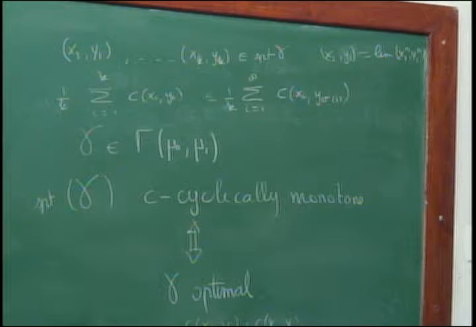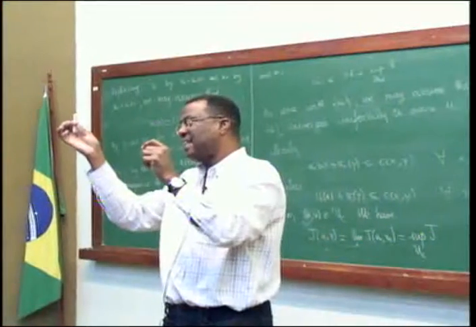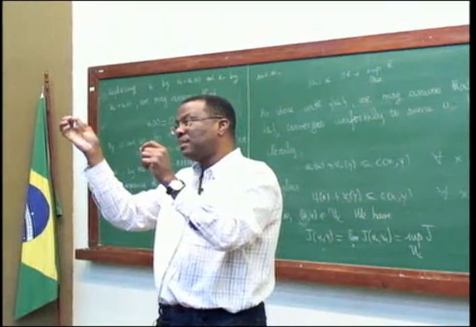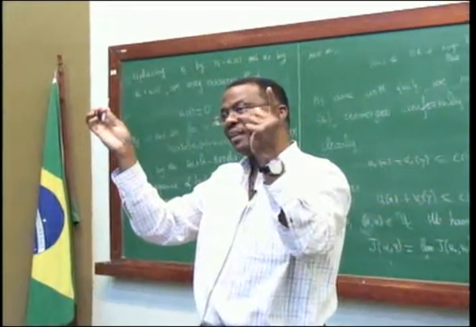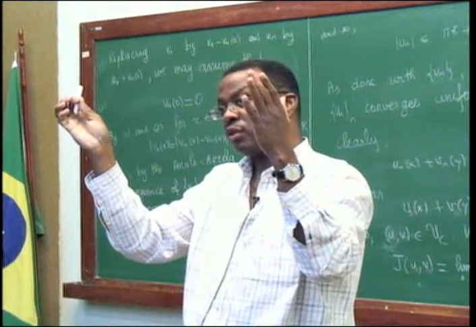So in the first homework, I think it is exercise 1.3. The exercise asks to prove that, assume you have a sequence of measures converging to a measure. Any time you take a point in the limiting measure, it is the limit of a sequence of points in the sequence of measures.